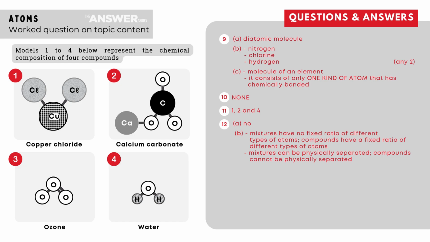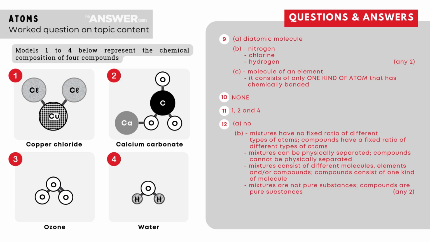We've just said that, but compounds cannot be physically separated. A third option, mixtures consist of different molecules or different elements and different compounds, all thrown together, whereas a compound consists of one kind of molecule that repeats. And then lastly, you can also say that mixtures are not pure substances, but compounds are pure substances.